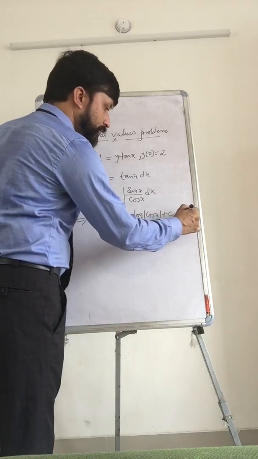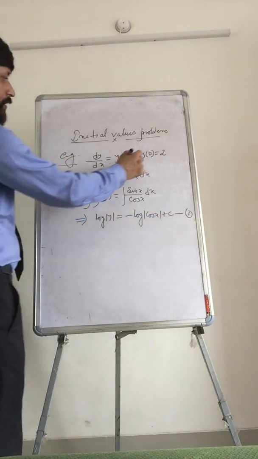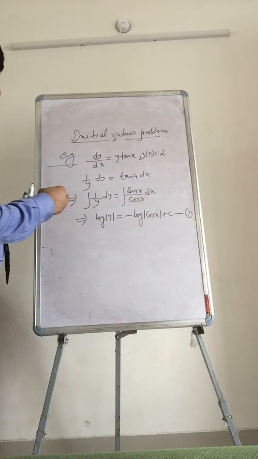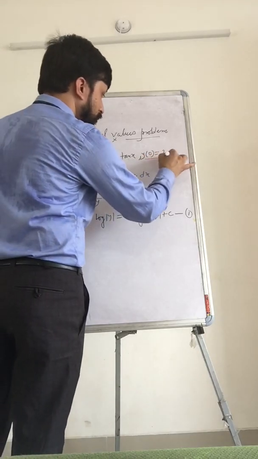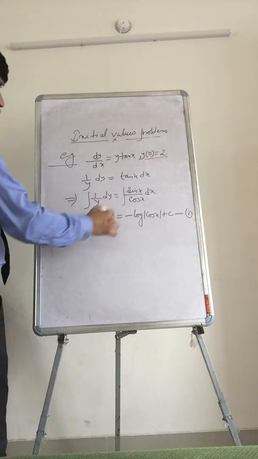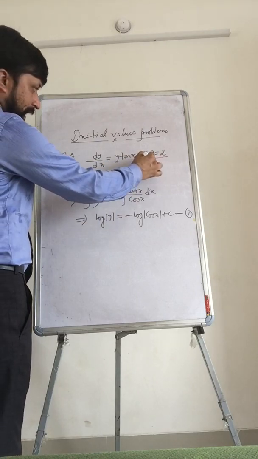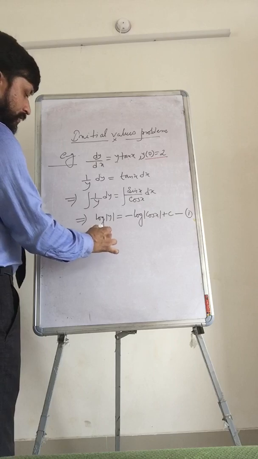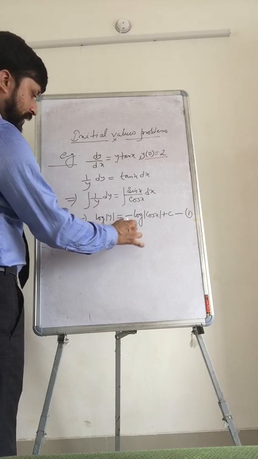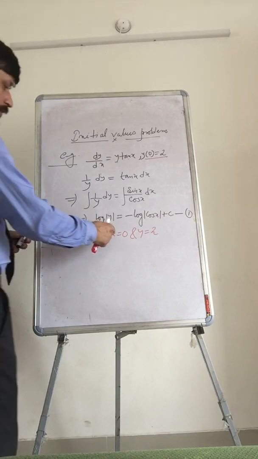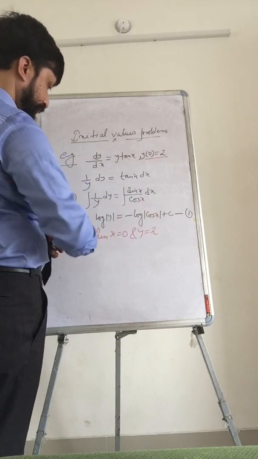Mark this as equation 1. What is the meaning of this? y(0) equal to 2 means that when the value of x is 0, the value of y is 2. Put the values of x and y here.